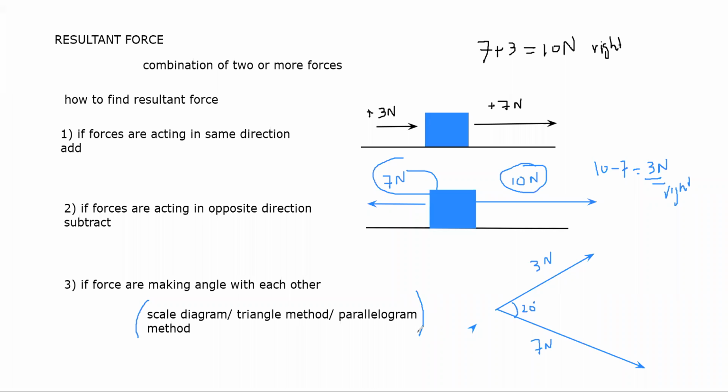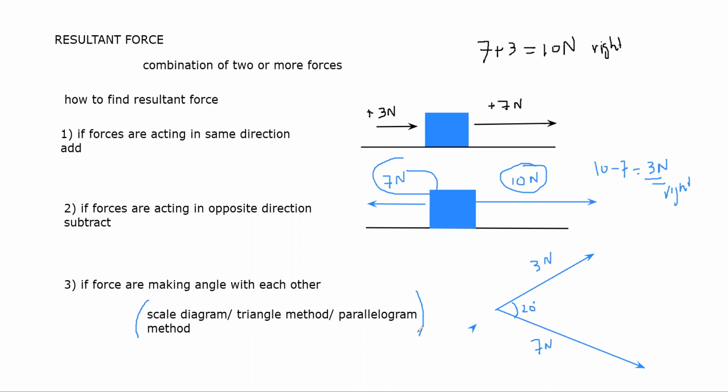But the idea is that if two forces are acting in the same direction, you will add. If they're acting in opposite direction, you will subtract to get the resultant. If they are making a certain angle, then three methods can be used: a scale diagram, triangle method, or parallelogram method.